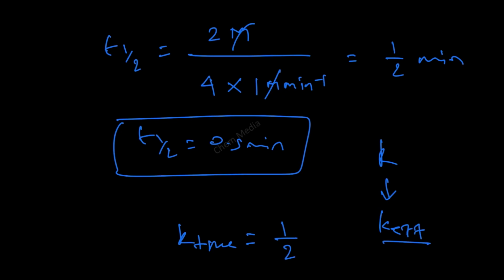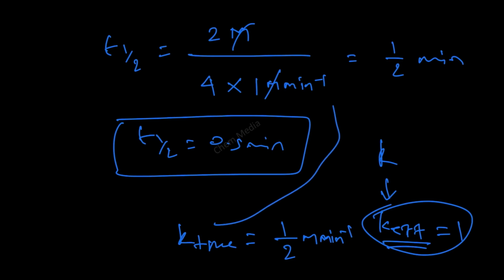If we assume that whatever value is given is K effective, then K true will be 1 by 2 molar per minute. So if we substitute this K true value here, then we can't get T half equal to 0.5 minute. Do you understand? In that case, we will get that T half is 1 minute, isn't it?